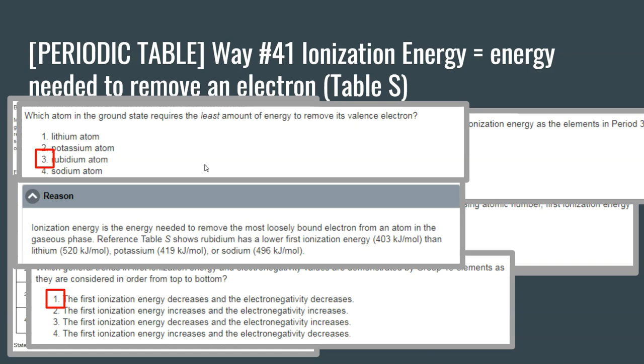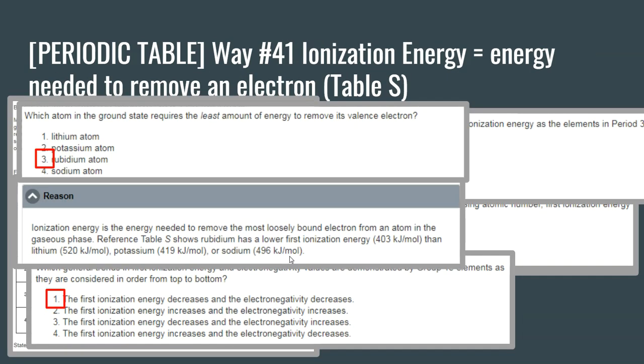It's the farthest. It's down at the bottom left corner of the periodic table, and therefore would have the lowest ionization energy. Alternatively, you can use Table S to look up the ionization energy values and find out which one is indeed the smallest.